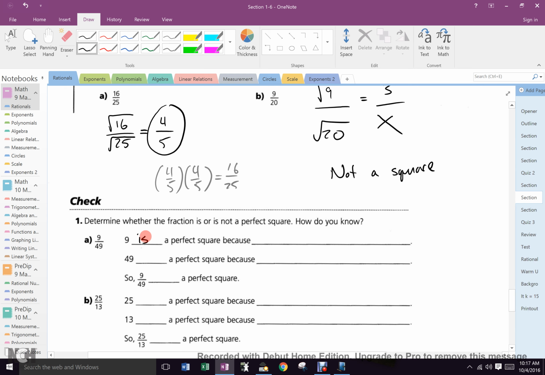It is. Why? What makes 9 a perfect square? Right, because 3 times 3, a number times itself. 49, yes or no? Yes. Why? 7 times 7. So if 9 is a square and 49 is a square, is their fraction a square? Yes, it is. Got it?